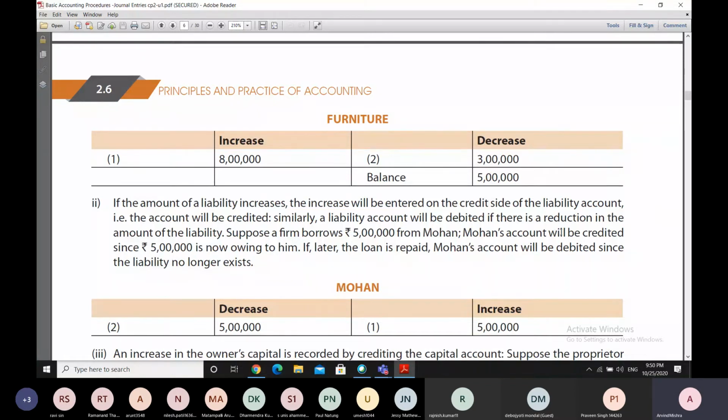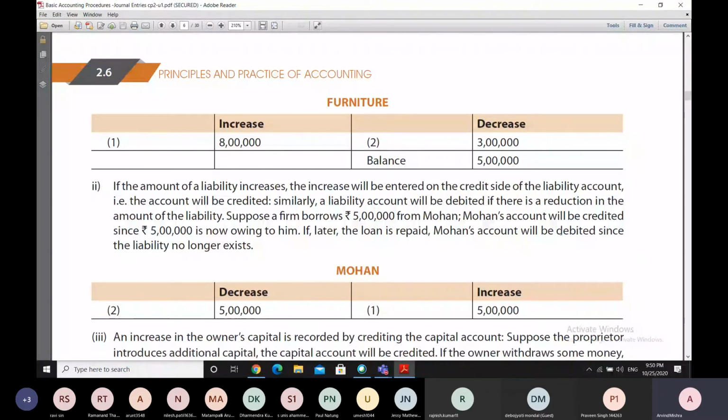Example is that a firm borrows 5 lakh rupees from Mohan, and when a firm borrows 5 lakh rupees from Mohan, Mohan's account will be credited because that's a liability account. Since 5 lakh is now owing to him, Mohan's account will be credited. We'll make a right hand side entry because the balance in that account is increased.